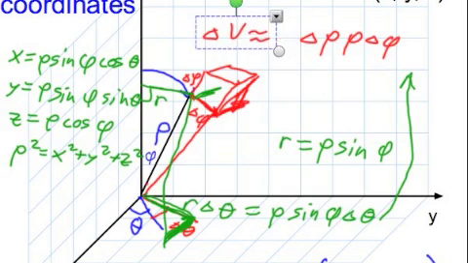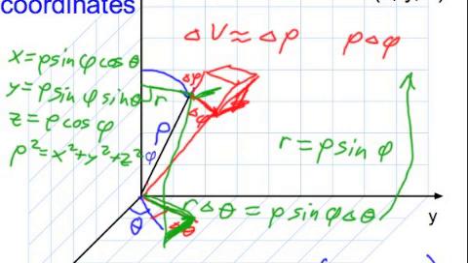Let me just move things over a little bit, give enough room. And so this additional piece is rho sine phi delta theta. So we said that's our delta v, our little change in volume.